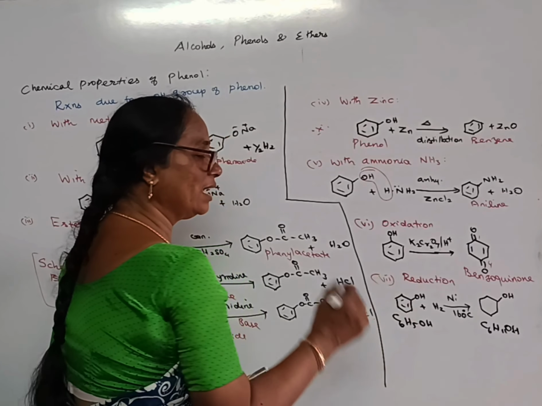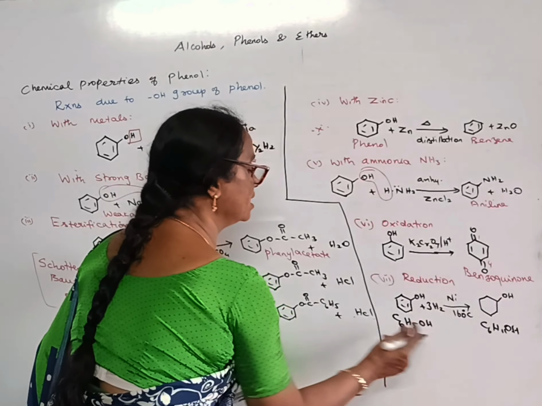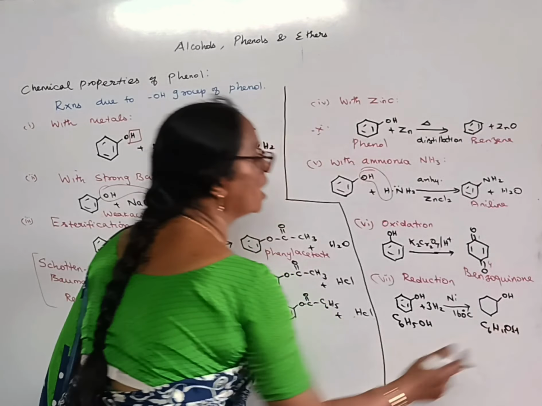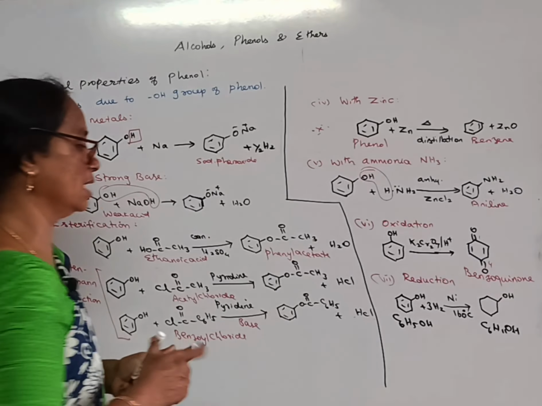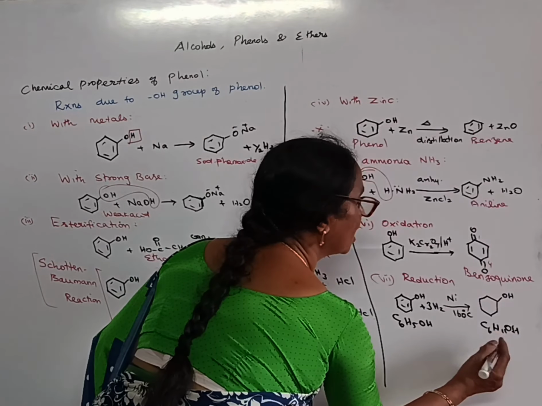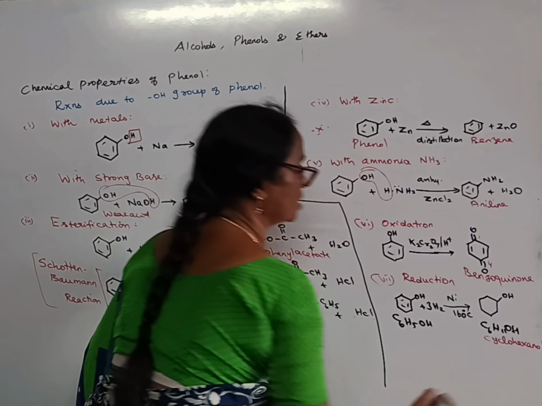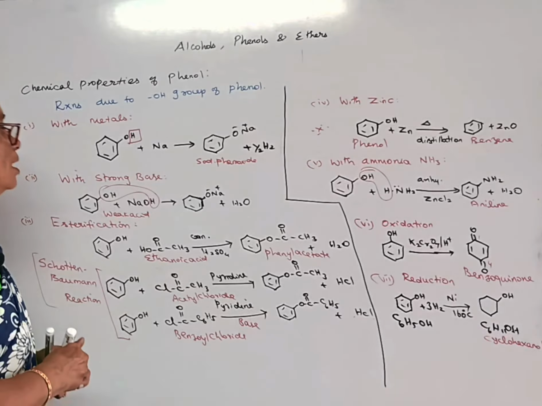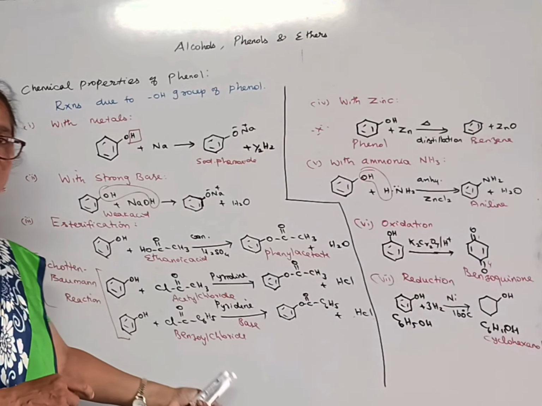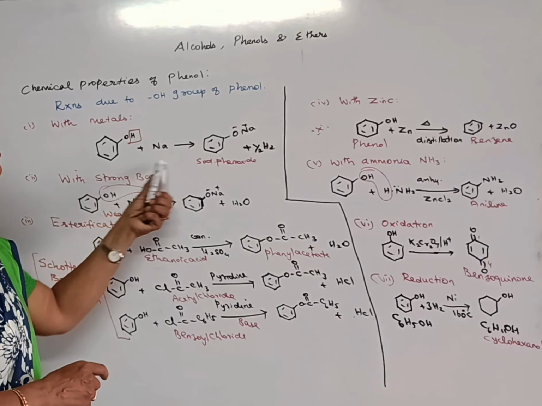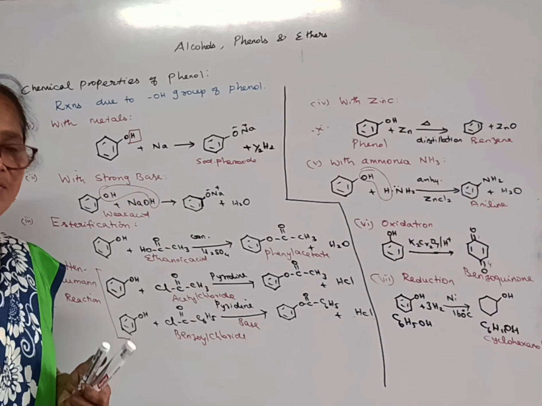It requires 3 molecules of hydrogen to convert, and hence we get cyclohexanol. So phenol can be converted into cyclohexanol by the reduction process. That's all the reactions in which the OH group is involved in the chemical properties of phenol.